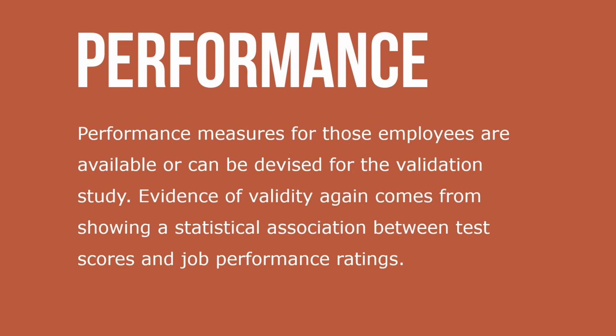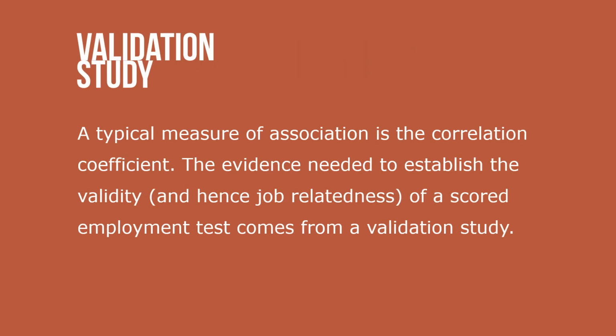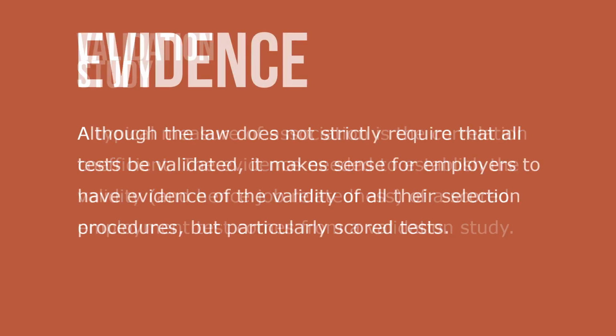Evidence of validity again comes from showing a statistical association between test scores and job performance ratings. A typical measure of association is the correlation coefficient. The evidence needed to establish the validity and hence the job relatedness of a scored employment test comes from a validation study.